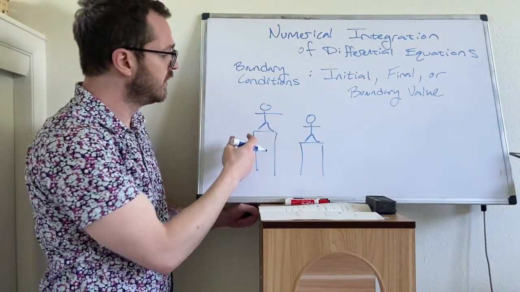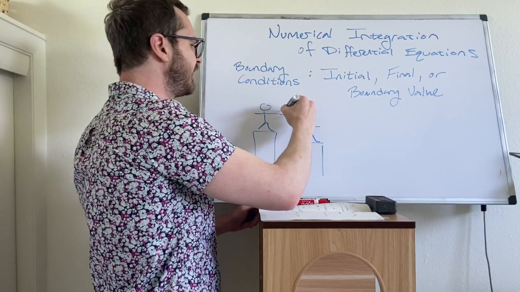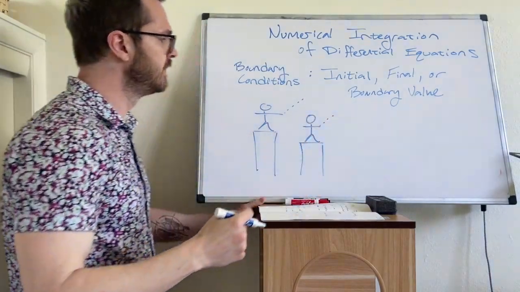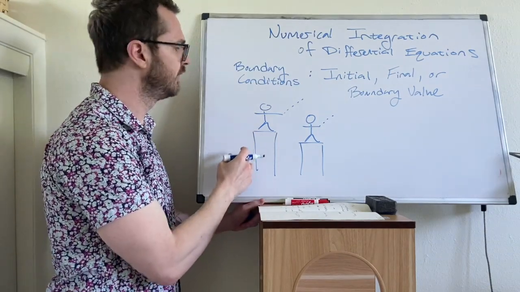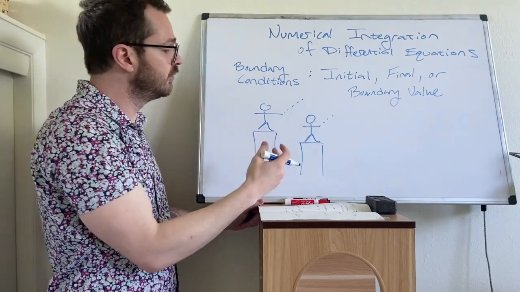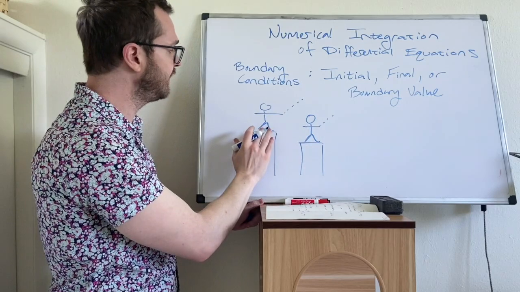For example, suppose that we have two platforms, and the individuals on these platforms throw projectiles into the air. We know that depending on the height of the individuals, that's going to affect the trajectory of the projectile. So let's assume, I've drawn them left and right, let's assume these two are aligned together.